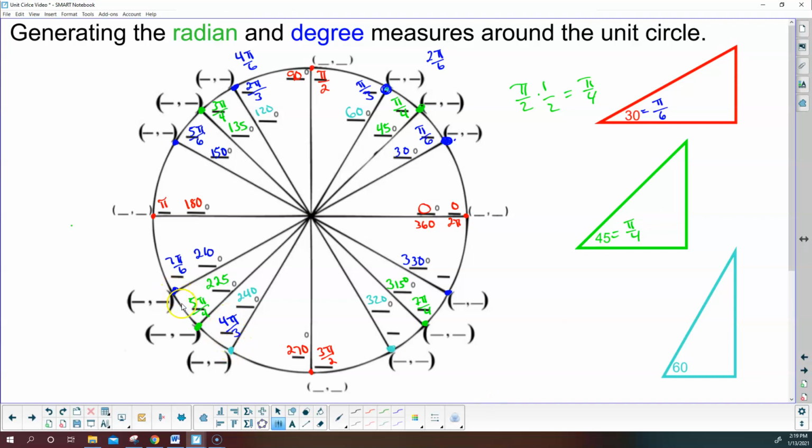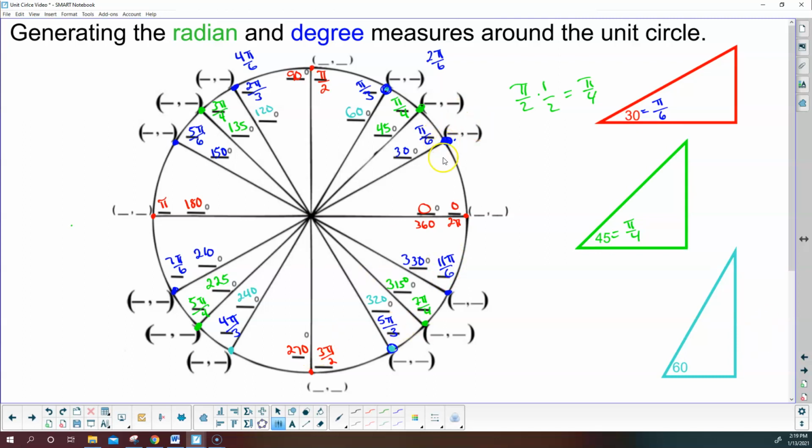So this was 7 pi over 6, 8 pi over 6, 9 pi over 6, but 9 over 6 reduces down to 3/2. And then we would go 10 pi over 6, but 10 over 6 reduces down to 5/3. So this reference angle right here would be 300 degrees, or 5 pi over 3. And then the last one would be 11 pi over 6.